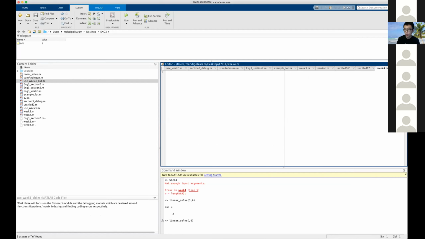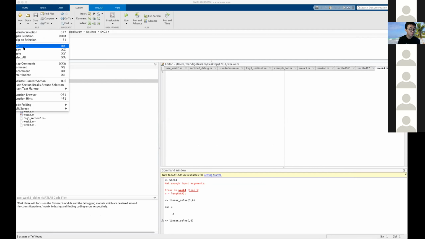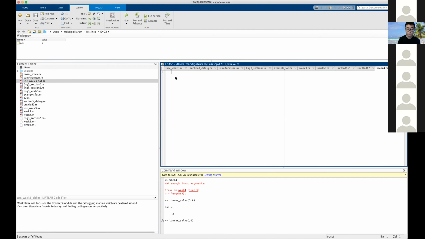The first thing we want to do is implement Gaussian elimination. So we want to define a function to implement this. What are the input and output?